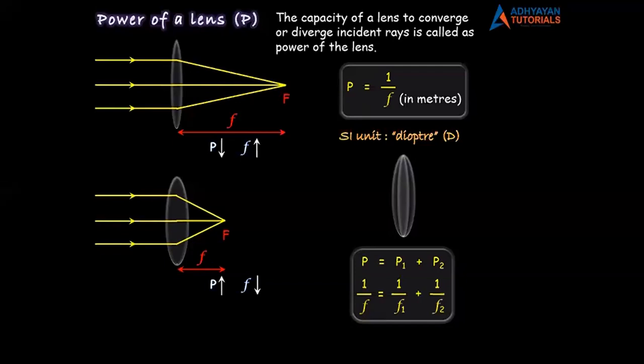Next, capital M, dash magnification. Capital M dash magnification. Then H1, small h, H1 dash height of the object.